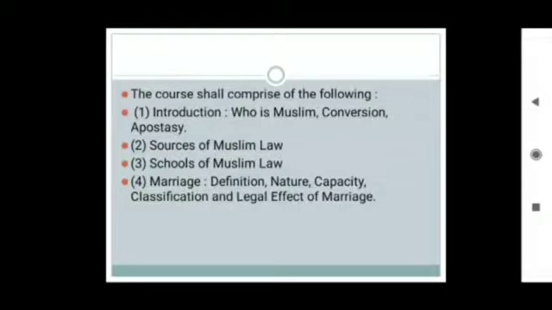So marriage will be divided like this. We'll start with the definition, then the nature, capacity, classification, and legal effect of marriage. Classification will be further divided into valid and void marriage, Sahih and Batil.